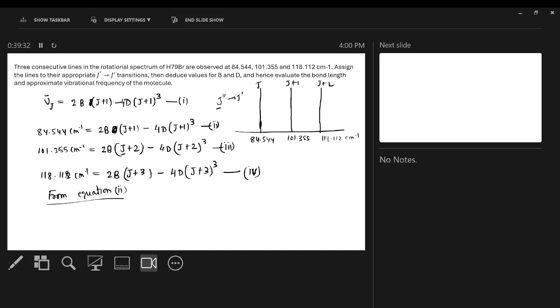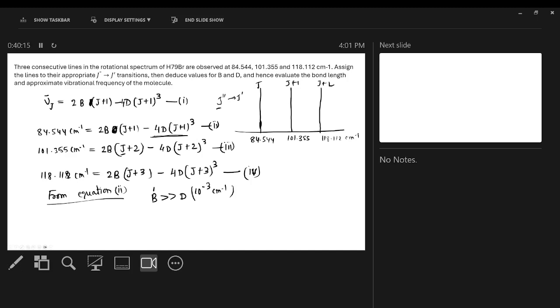We know that B is much greater than D. B is of the order of 1, while D is of the order of 10 to the power minus 3 centimeter inverse, orders of magnitude lower than B. So for determination of J, for the sake of simplicity, we are ignoring the second term, because the D term is very small.